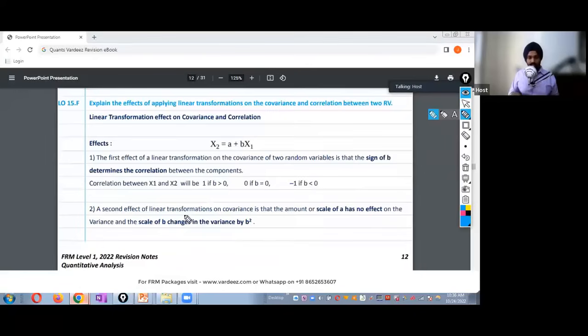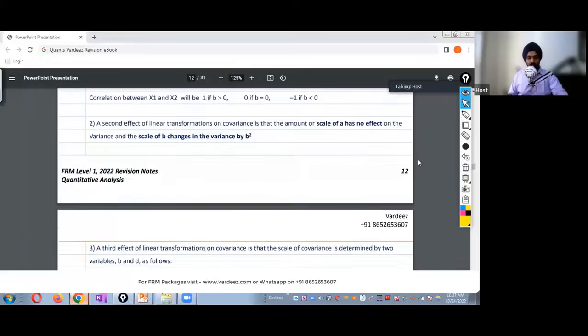So a second effect of linear transformation is that A does not affect the covariance or correlation at all. The scale of B, a multiplication term to the X, changes it by B square. Why square? Because it doubles. That's why we have B squared over here. So that's the second linear transformation effect.